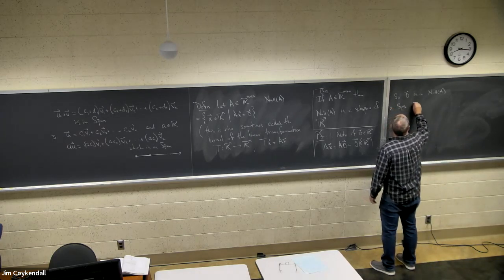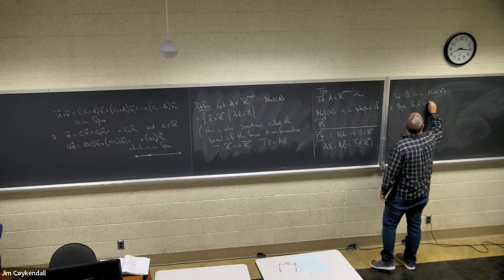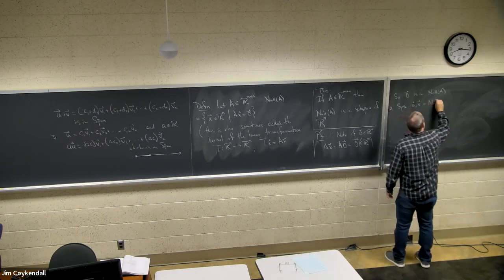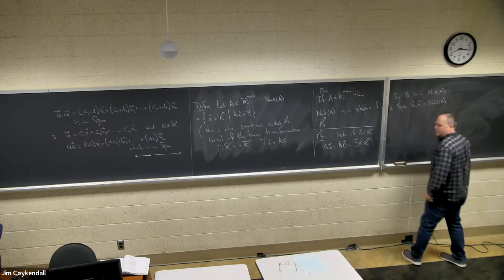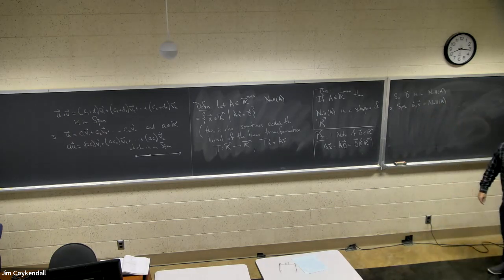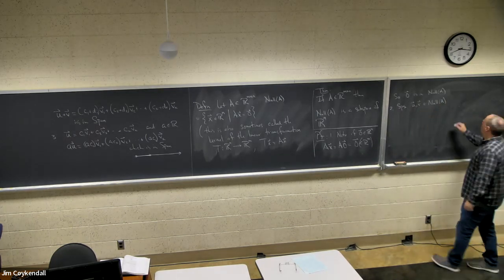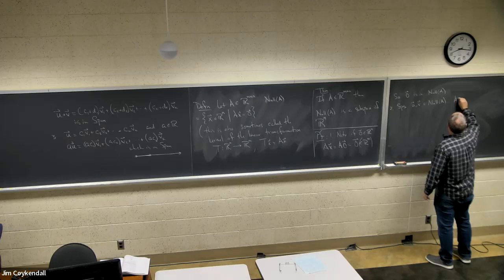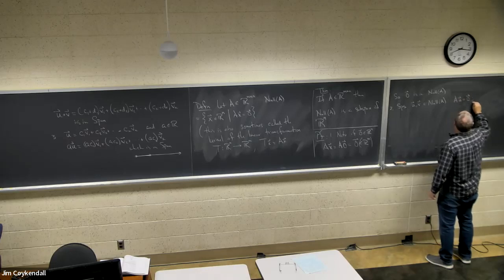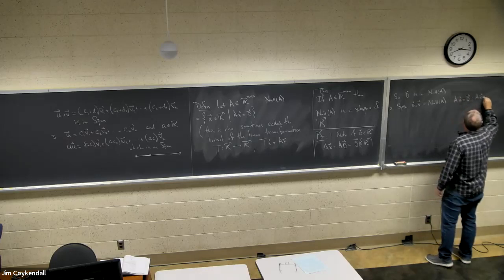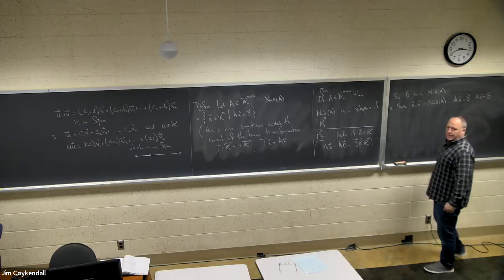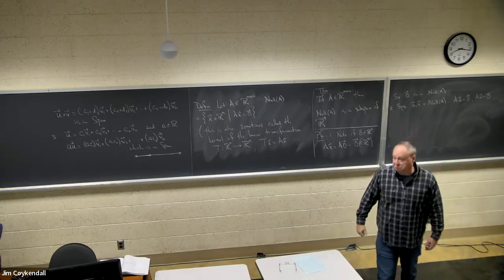Suppose now that u and v are in null A. Let's see what that means. This means that Au is the zero vector, and Av is the zero vector. Am I okay?